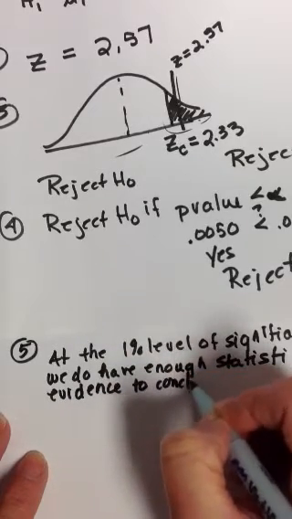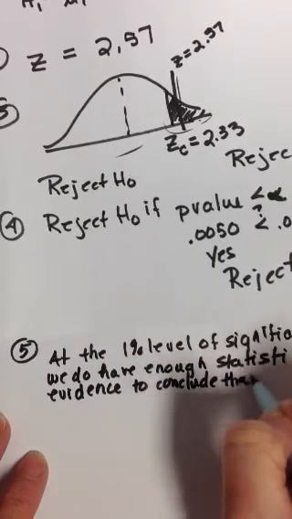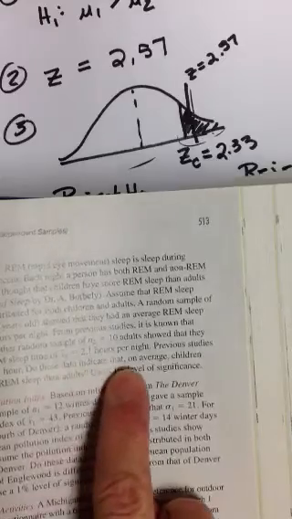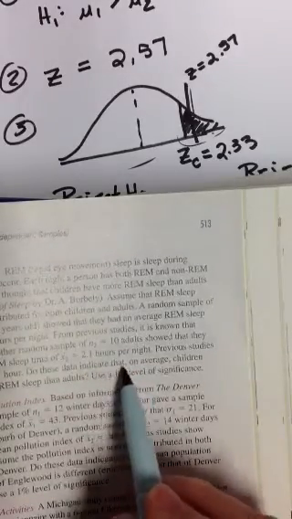to conclude that, and remember, I think it's easier to go back to the book here, where our problem asks us, do we have enough evidence? Let me get to the page here. Do the data indicate that, see that word that right there? On average, children tend to have more REM sleep than adults. That's what I'm concluding.